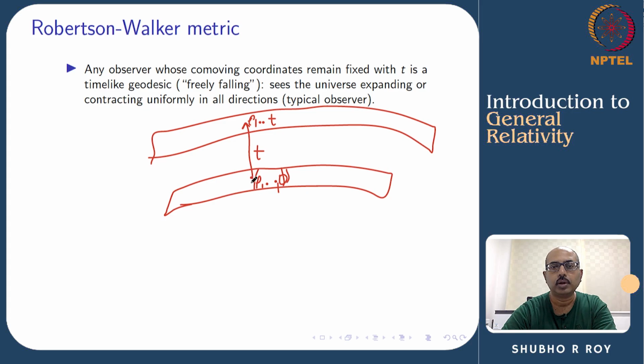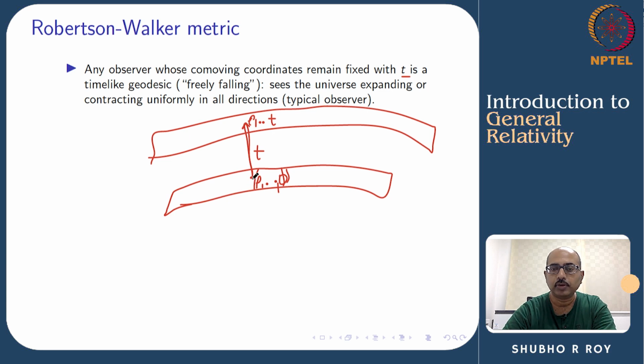Okay, so the trajectory one gets by varying just t and keeping rho, theta, phi fixed turns out to be a geodesic. You can show that the geodesic equation is solved by this: t varying, but rho, theta, phi unchanging.